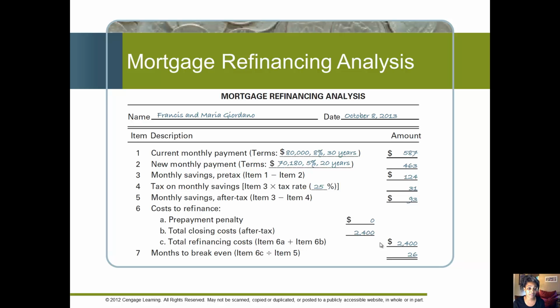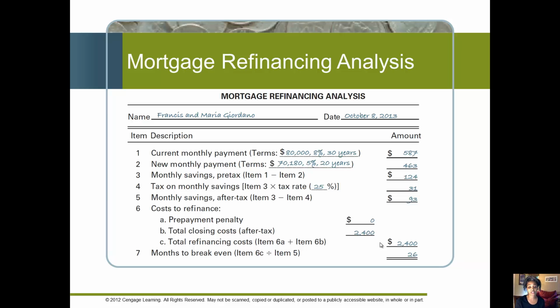And then what the tax on the savings would be, because remember, the interest portion of your mortgage payment gives you a bit of a tax break. So if that interest goes down, then your tax break goes down. So we have to figure out the tax that we would incur on that savings. So we're really only saving that after-tax portion.